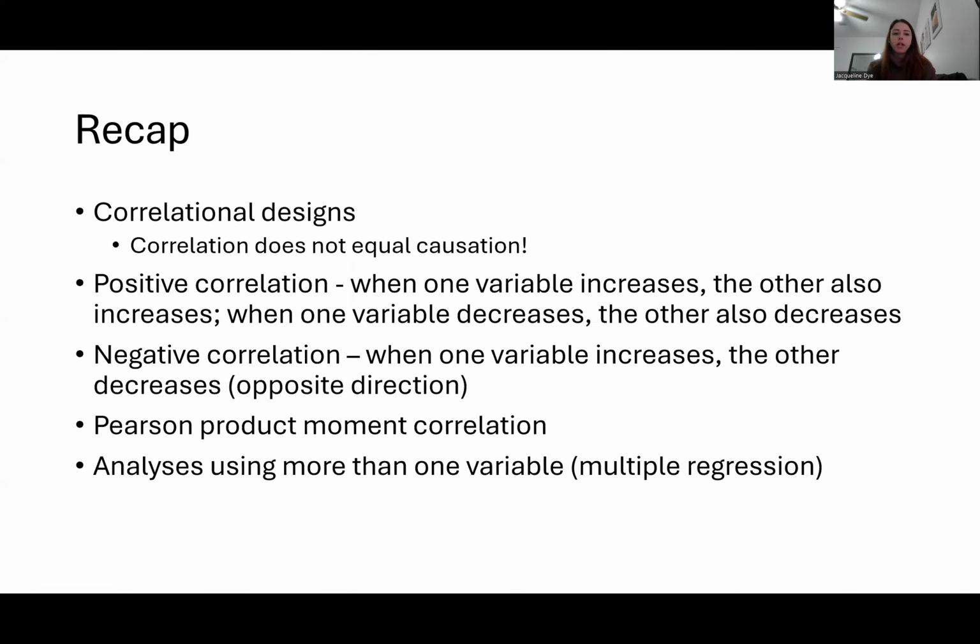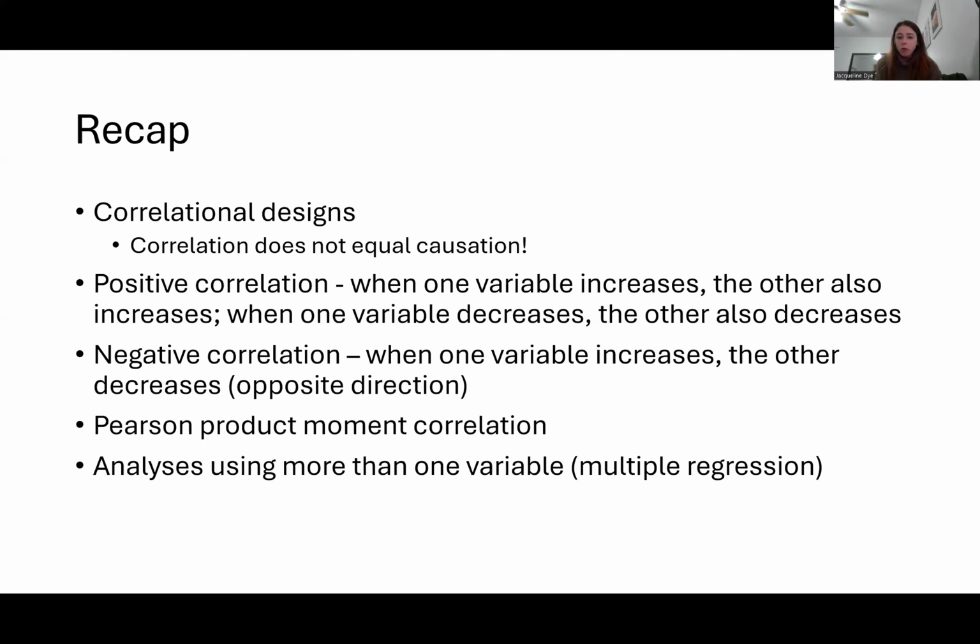All right, so just to recap what we talked about last week. So we talked about correlational studies. So just a few points just to recap. So correlation does not equal causation. We talked about a positive correlation, which is when one variable increases and the other also increases, or when one variable decreases and the other also decreases.